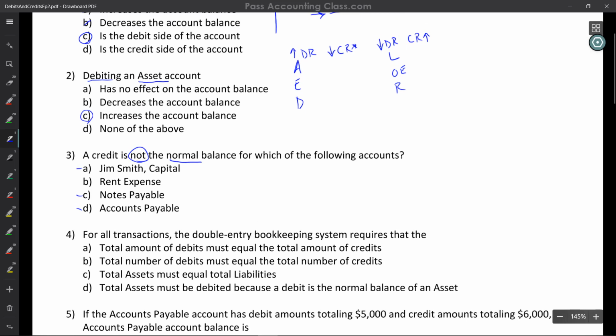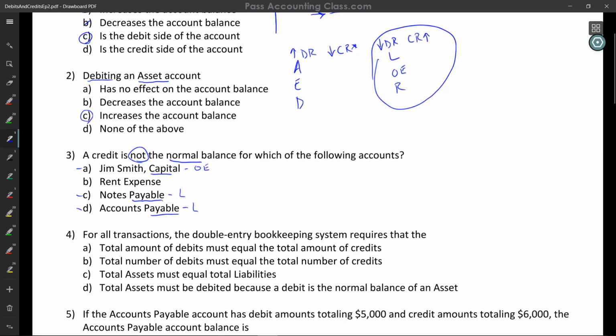And the reason I know that is I can reference this information up here again. And I can see that this is a liability. It says payable, so that means it's a liability. This is a liability, again, payable. And capital, that is an owner's equity account. So I know that those all have a normal balance of a credit.